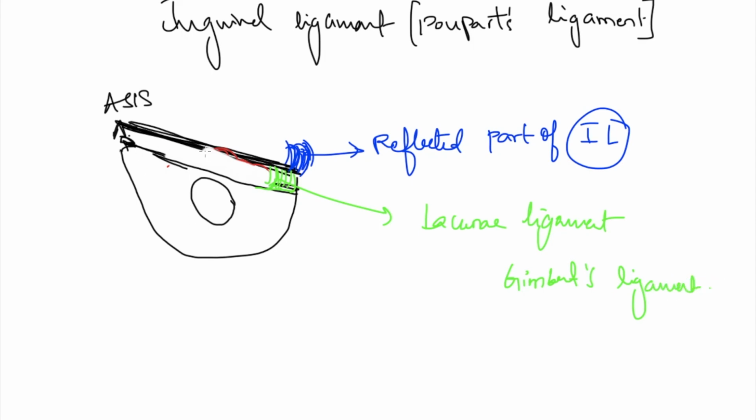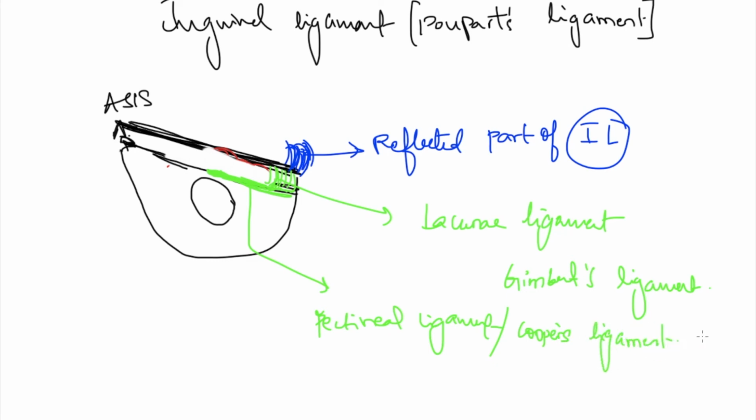After this, there's some amount of condensation which is present over the pubic rami. This is called the pectineal ligament, also known as Cooper's ligament.